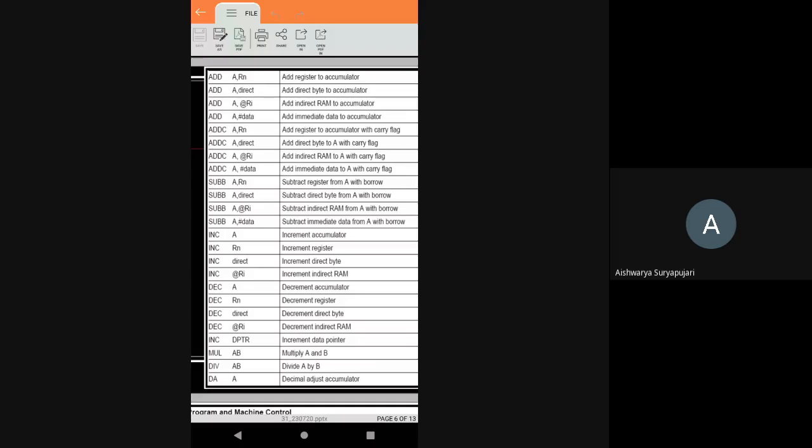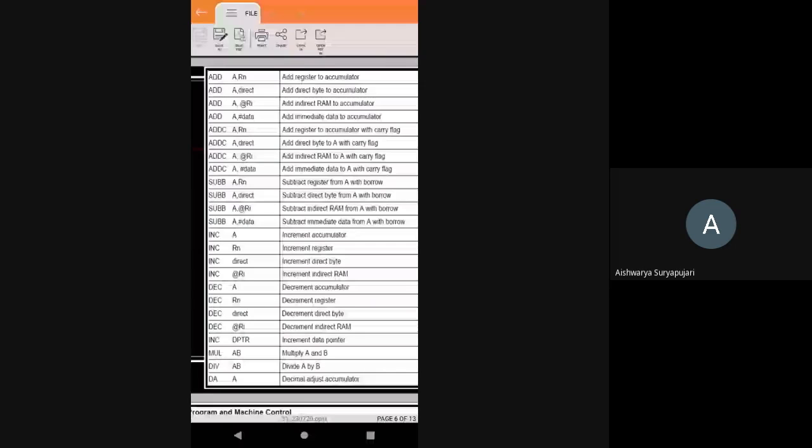So such sentences can be asked in an MCQ also, that for BCD addition, dash dash is a special instruction which can be used for decimal adjustment. Then your answer should be DA space A. So these are a few instructions from the arithmetic category.